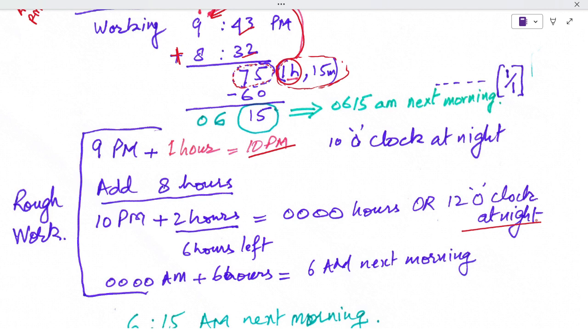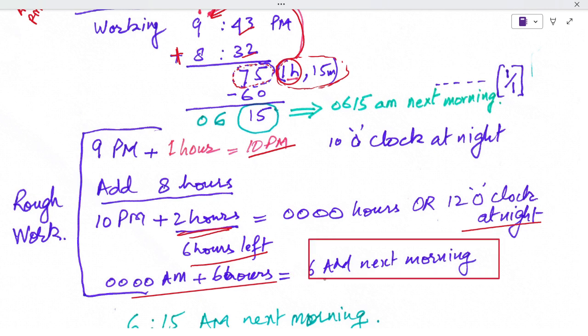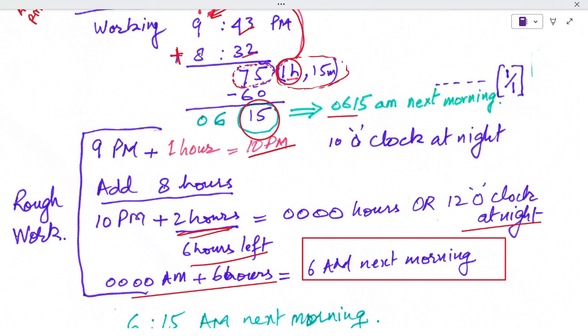We have already added 2 hours. We are left with 6 hours. So those 6 hours will give us 6 o'clock and 15 minutes past in the early morning. So the journey will finish at 06:15 a.m. next morning. If you do that, you are going to get only 1 mark out of 1.